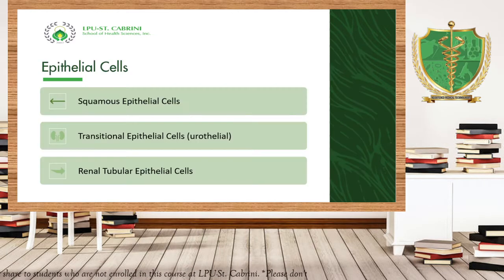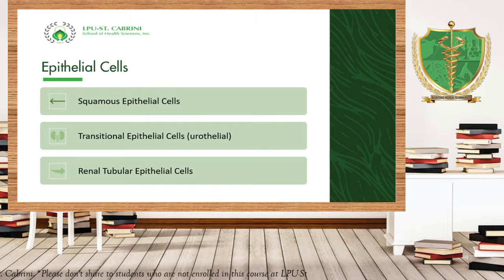Okay? So the next one is epithelial cells. Epithelial cells in the urine are classified into three. We have the squamous epithelial cells, which is considered as non-pathological and considered as normal.